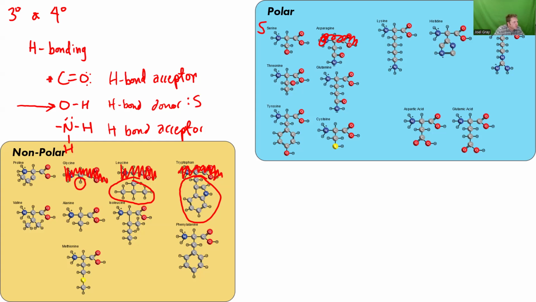Oh, Alondra, great. But looking at this, we got S and Y and then another one close to either one of those in the alphabet, or potentially close to one of those in the alphabet. It's a little bit hidden in there, but threonine right here has a hydroxyl group. So S, T, and Y are all good hydrogen bond donors. So those three amino acids all have a hydroxyl group.